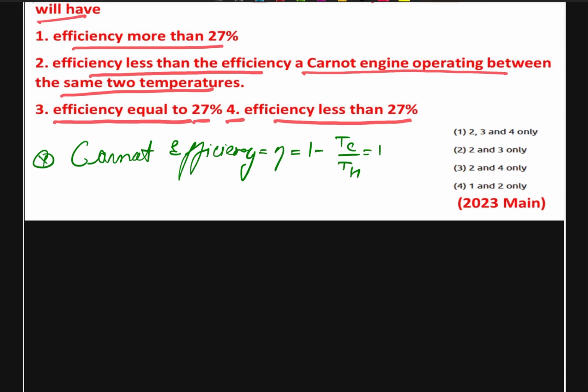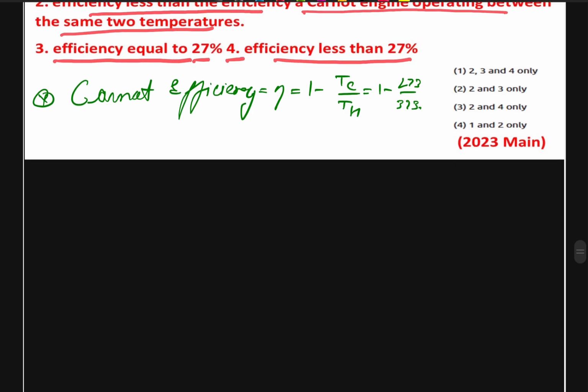Therefore we can write this as 1 minus 273 upon 373 Kelvin. Therefore the efficiency will be approximately equal to 26.8%. So this is the efficiency of the Carnot engine.